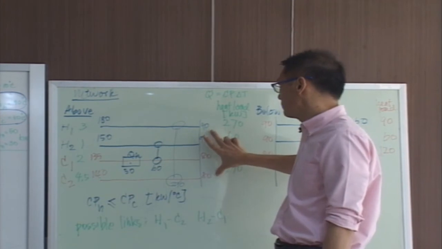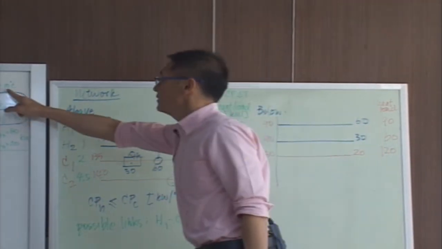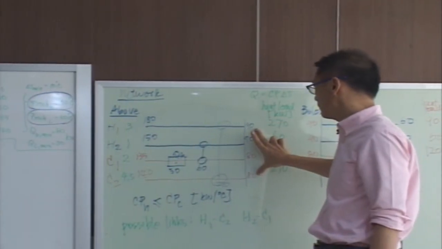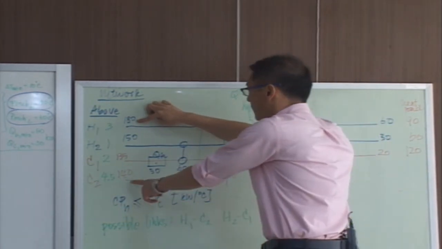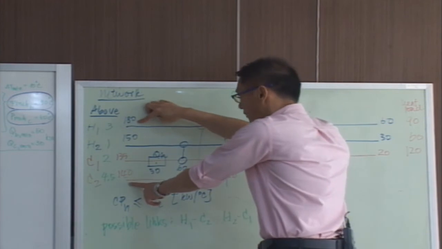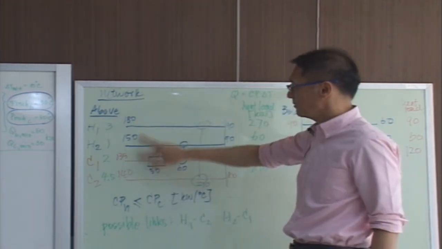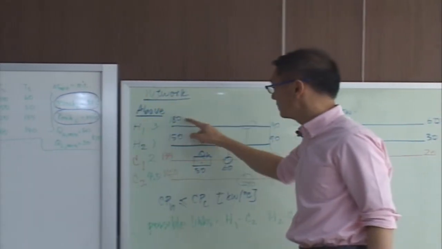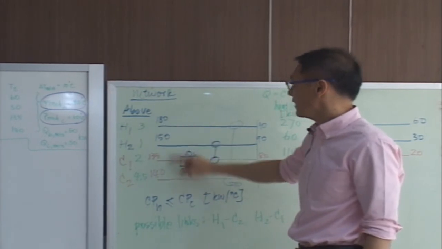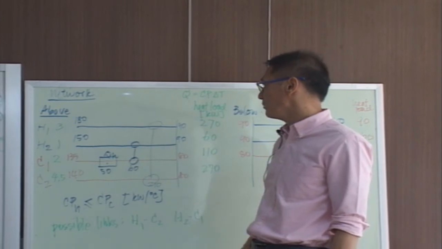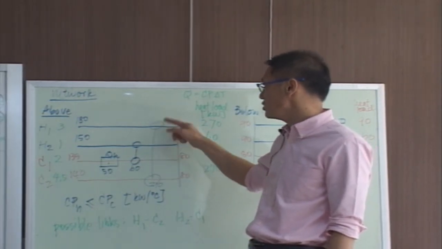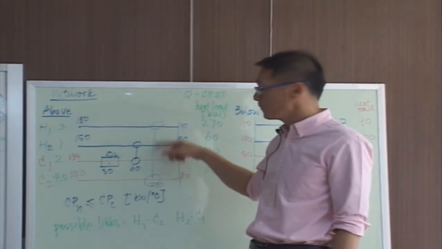So the gap is about 10. So it is okay. How about this side? Our inlet and outlet gap is higher than that one. So it looks like it doesn't go against the second law of thermodynamics. So this heat exchanger is possible.